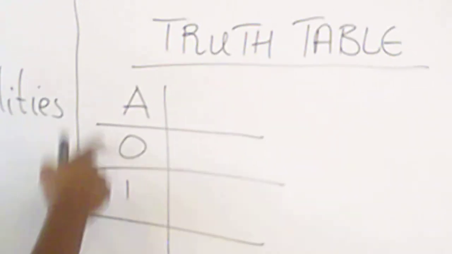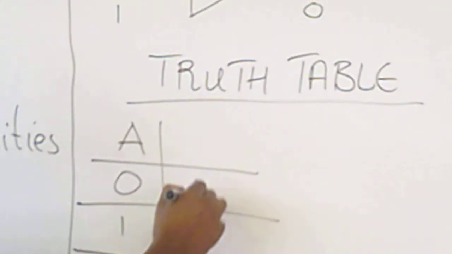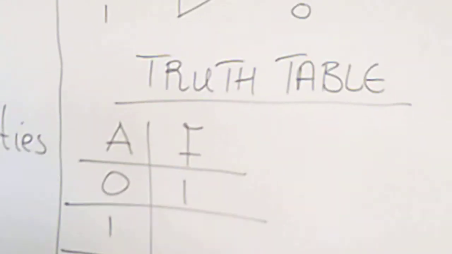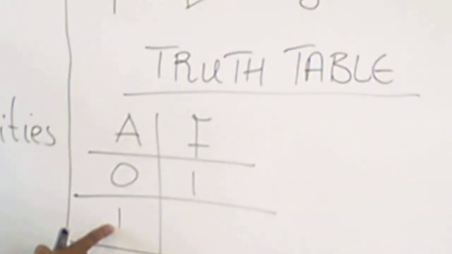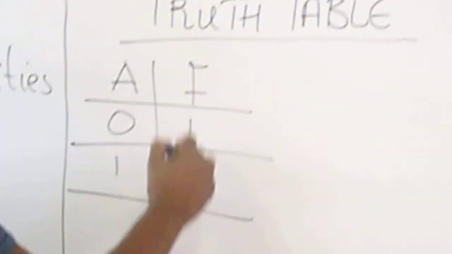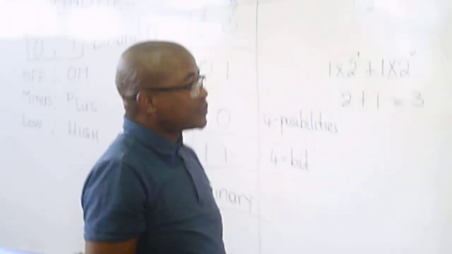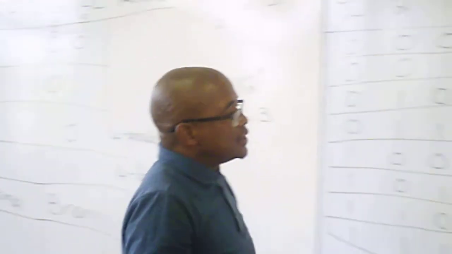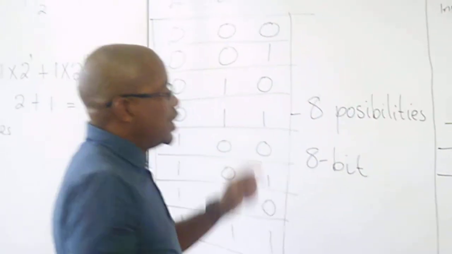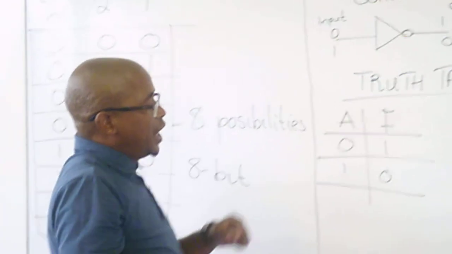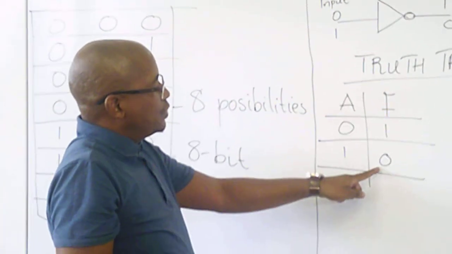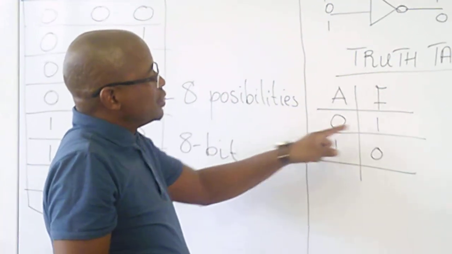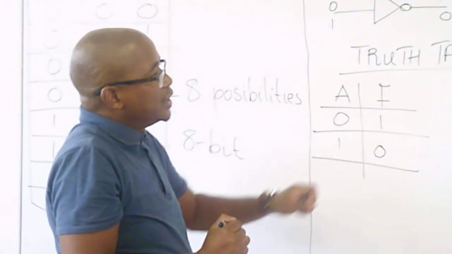You give it a 0 in the input, it gives you 1 on the output, final output. You give it a 1, it gives you a 0. So it converts whatever you give it. That is how the NOT gate operates. If it's a switch, you press a switch, and then in the output you get an off. You open it, you get the light on.